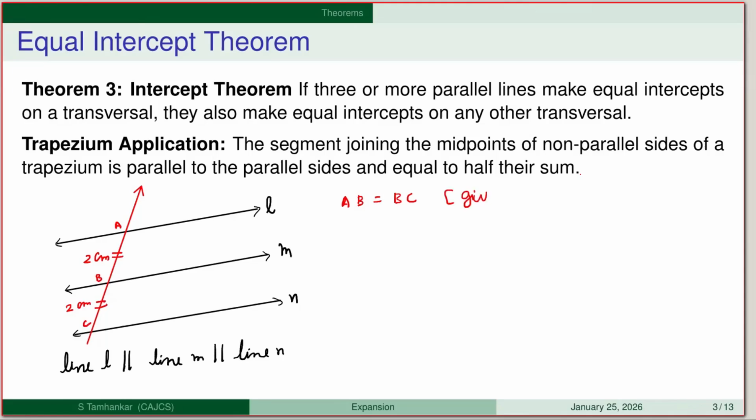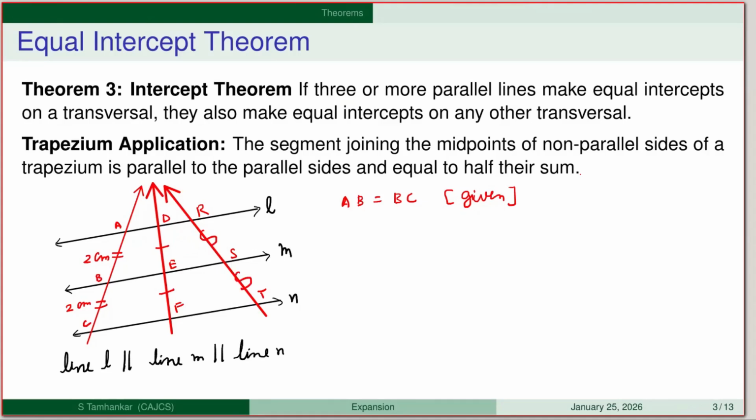If this is given, then we can draw any number of other lines like this, and these lines will also have equal intercepts. So if these are D, E, F, or R, S, T, they are going to cut equal intercepts.